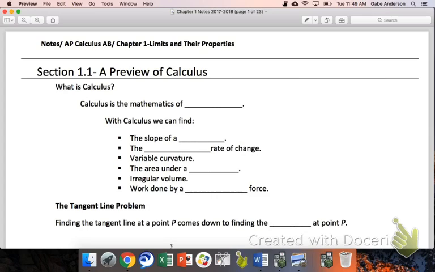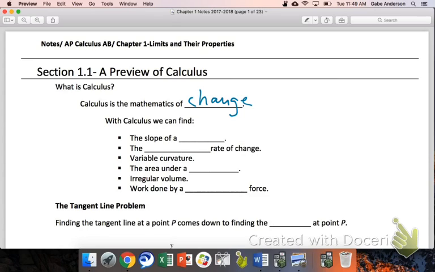So calculus is the mathematics of change. All kinds of different change, amounts of change, rates of change, things like that. With calculus, we can find the slope of a, what would you guess goes in the blank there? Slope of a, say again? Okay, we'll get to that in a second, but in general, isn't it easy to find the slope of a line?